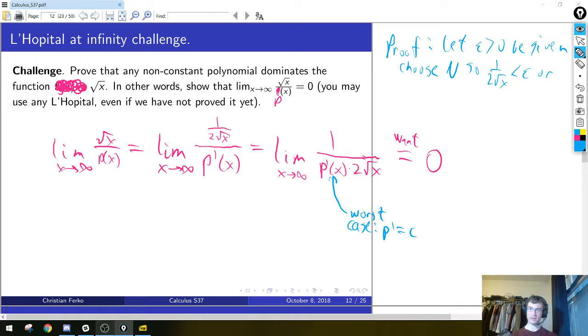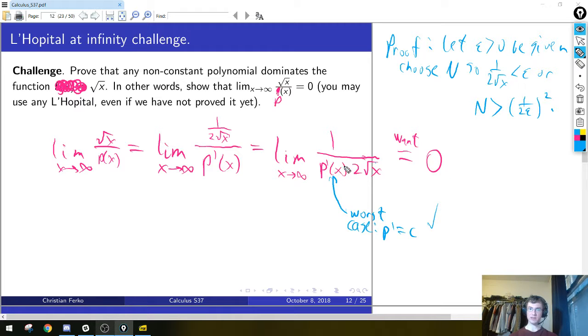I'm just exploring here, but you would want n to be greater than 1 over 2 epsilon squared, right? So then that would prove that this thing goes to 0. I don't really want to write that out carefully, because I think it's pretty obvious that square root of x goes to infinity at infinity, so 1 over square root of x goes to 0 at infinity. Right? So that's the worst case.